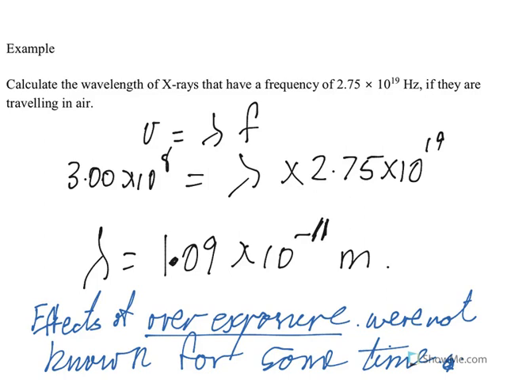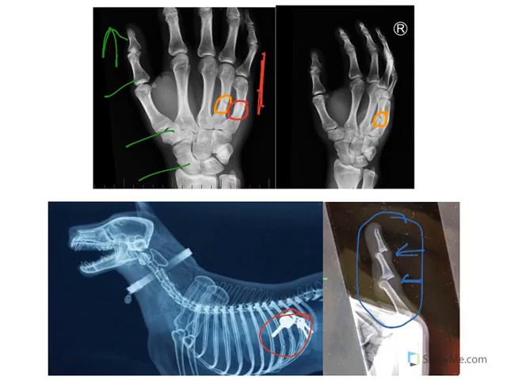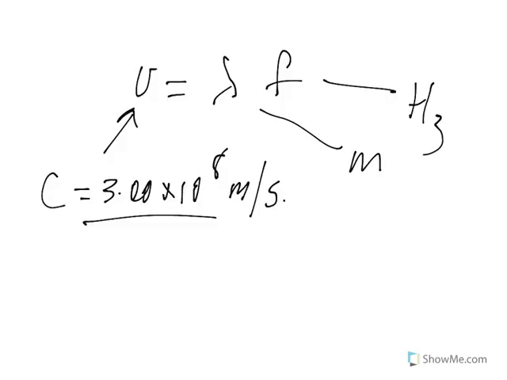Because they were just discovered, they didn't know what the effects were going to be. But now we do know that living tissue doesn't like too much X-rays. They're great, as we've seen, for being able to have a look and see what's going on. But we don't want to be overexposed, because that increases the risk of something happening to our tissues.